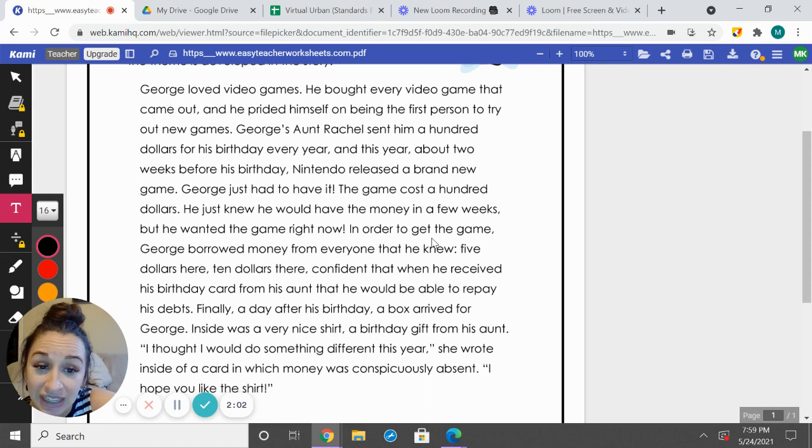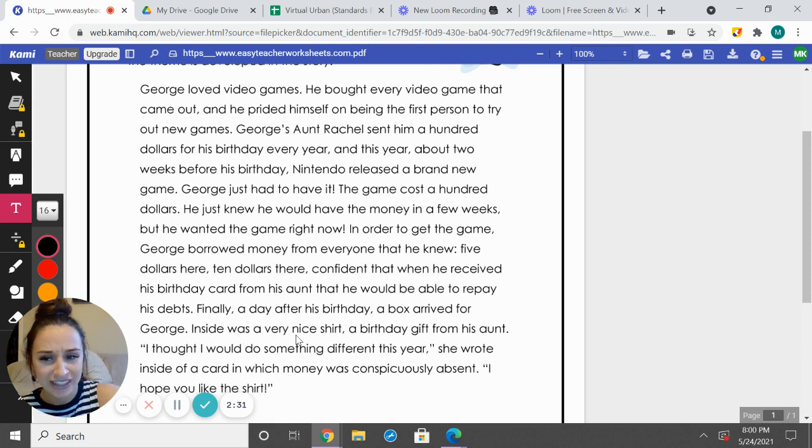In order to get the game, George borrowed money from everyone that he knew. $5 here, $10 there, confident that when he received his birthday card from his aunt, he would be able to repay his debts. Finally, a day after his birthday, a box arrived for George.